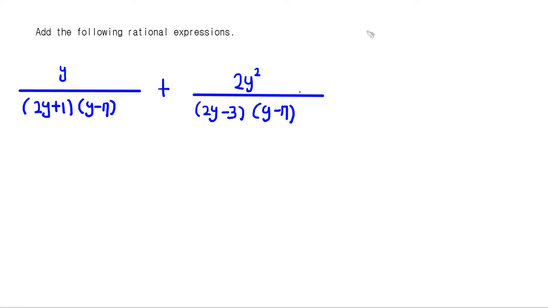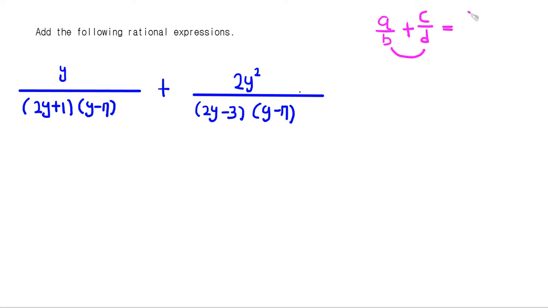We know the properties of fractions: if there is a fraction a over b plus c over d, in order to make it into a common denominator to simplify, we can just multiply together.